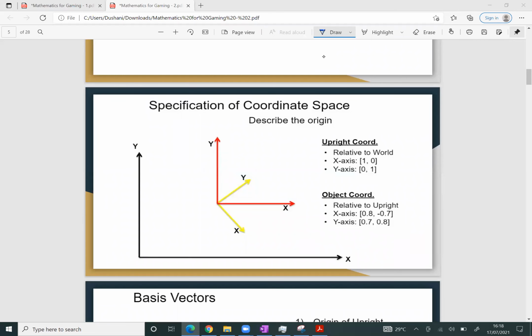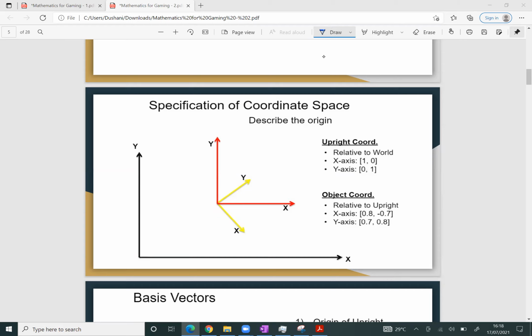When we describe a coordinate space and when we describe the origin, we come across something called the world space or the global reference frame. Here the position of other coordinate spaces can be expressed in terms of the world space, and this space cannot be expressed in terms of any larger or outer space.